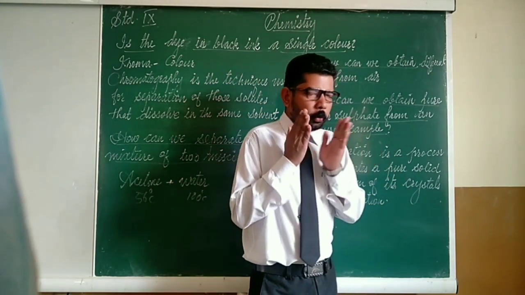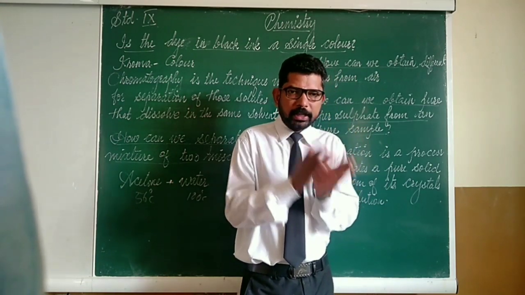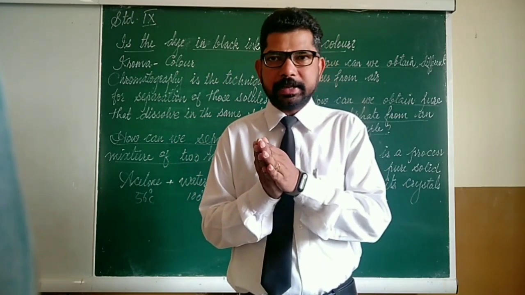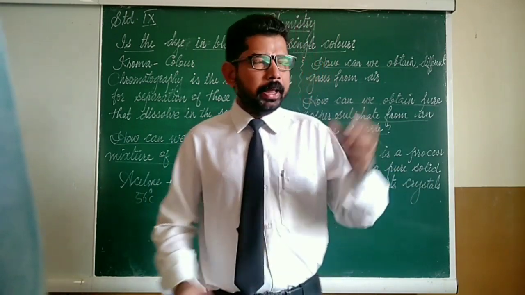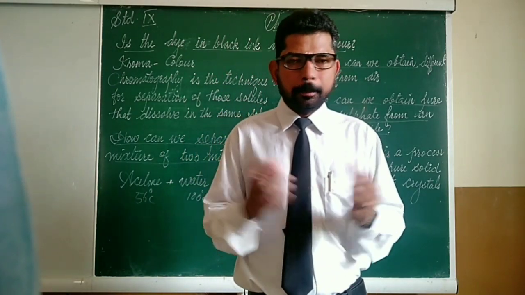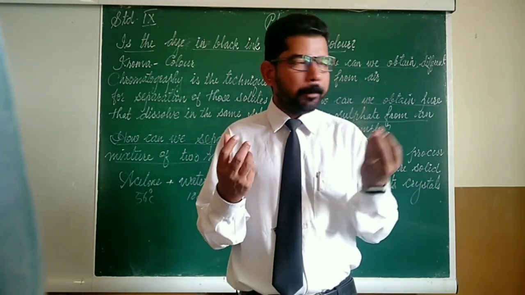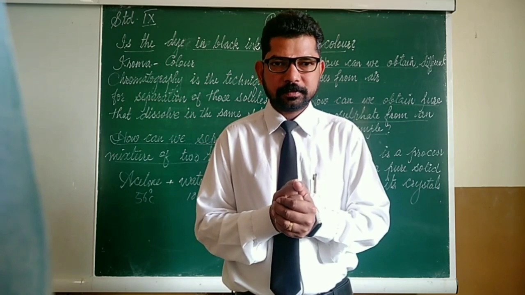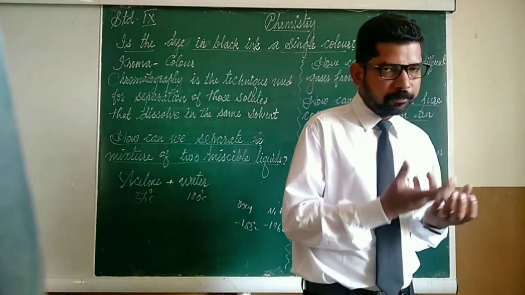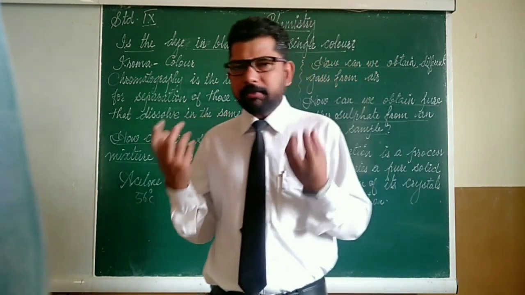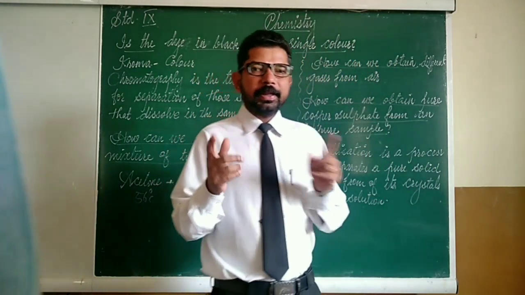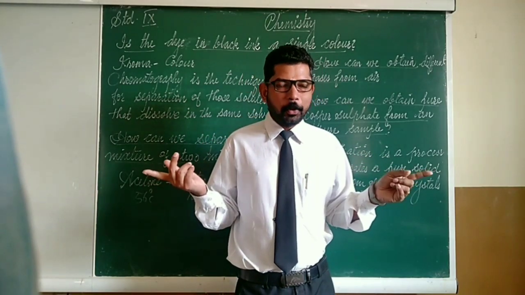To understand what is physical property and what is chemical property, or physical change and chemical change, here is an example given: cooking oil and water. If you look at the physical properties, both are liquids. Both can flow. They show fluidity, and many physical properties will be common, but their chemical properties are not the same.